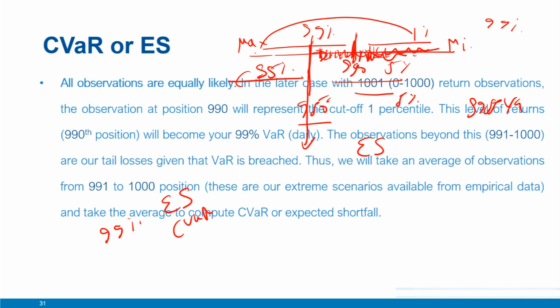And therefore, once you put this cutoff of the 950th observation as the VaR value, as a minimum cutoff, take all the values that are a higher loss in terms of magnitude, indicating loss on this side. You take the average of all those, x1 plus x2 plus and so on. This will be your expected shortfall, or average loss, given that the extreme scenario of 5% or 1% were to materialize.